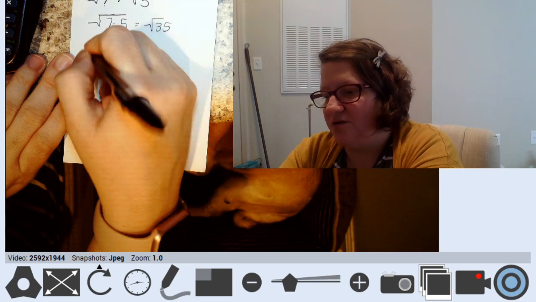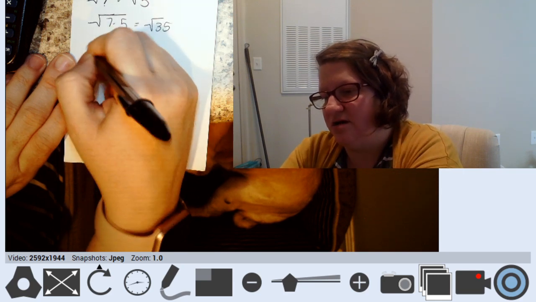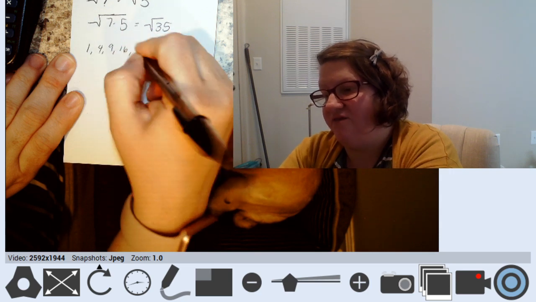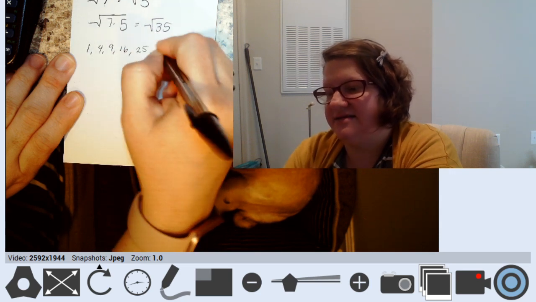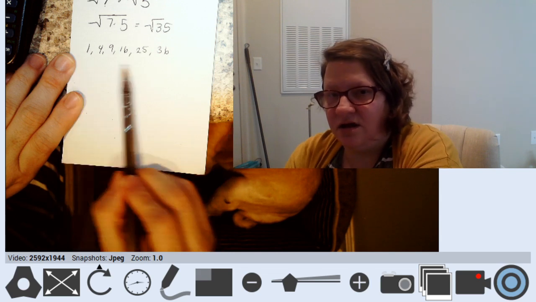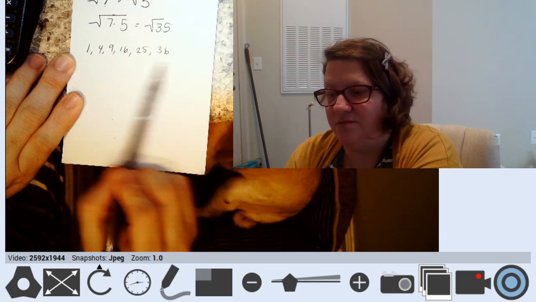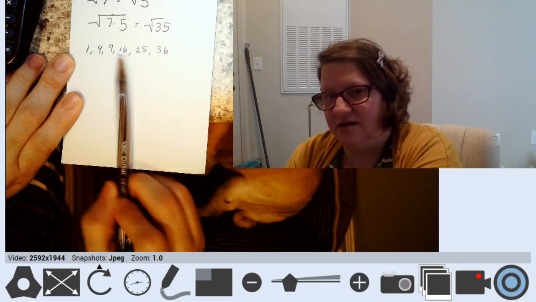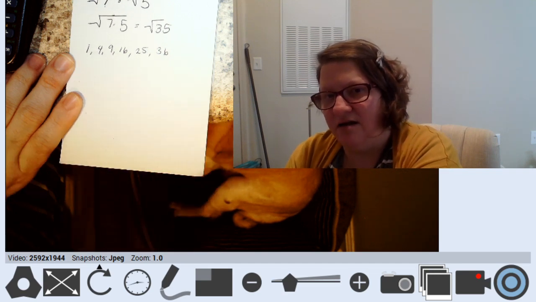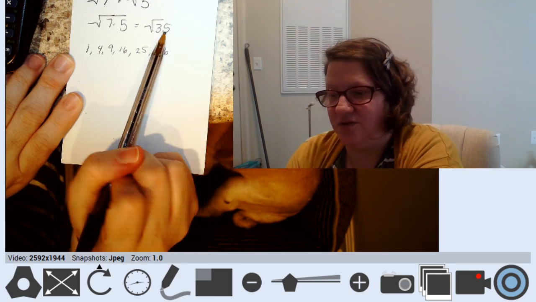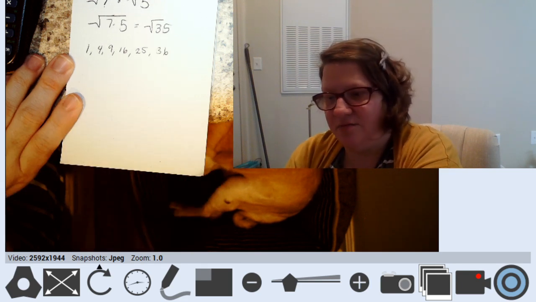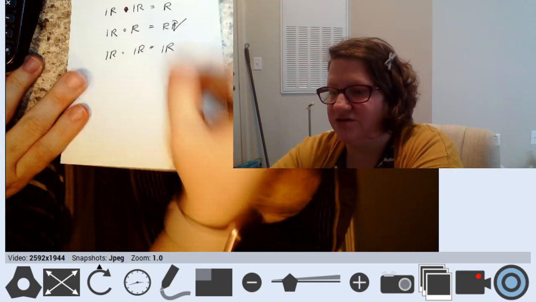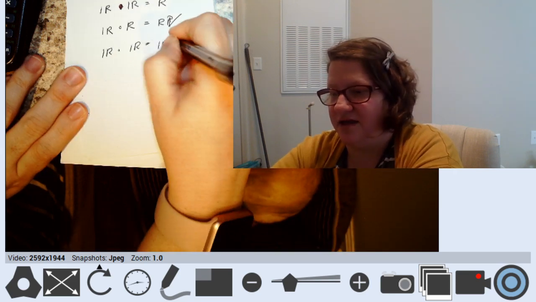And we always start with the list of perfect squares, 1, 4, 9, 16, 25, 36. We try to simplify them by finding a perfect square. And again, this isn't a perfect square, so it won't be a rational number. There's no way to simplify it. So this is an example of an irrational times an irrational being irrational.